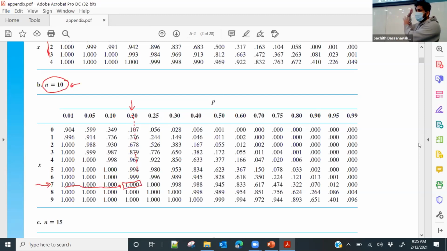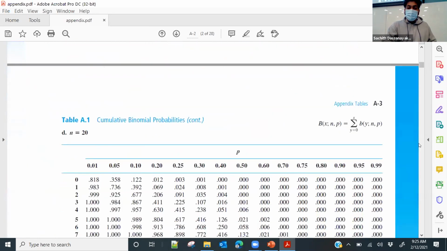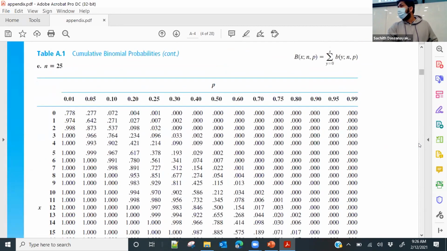They have been calculated, and they are there, taken using the binomial PMF or some computational method. For n equals 15 you have values, n equals 20 you have values as well, and up to 25 only. After that, you have to use another technique or do it by hand.